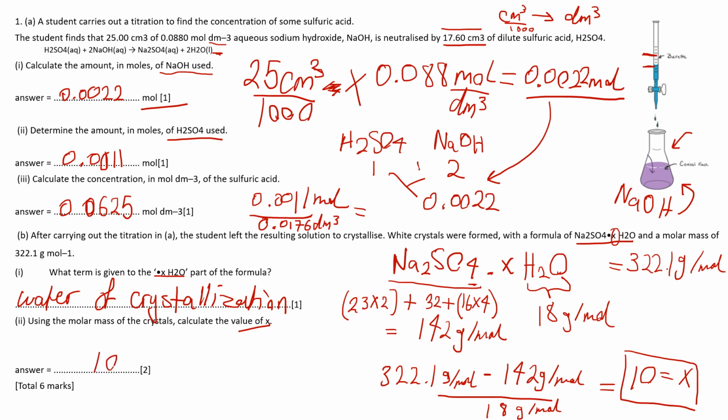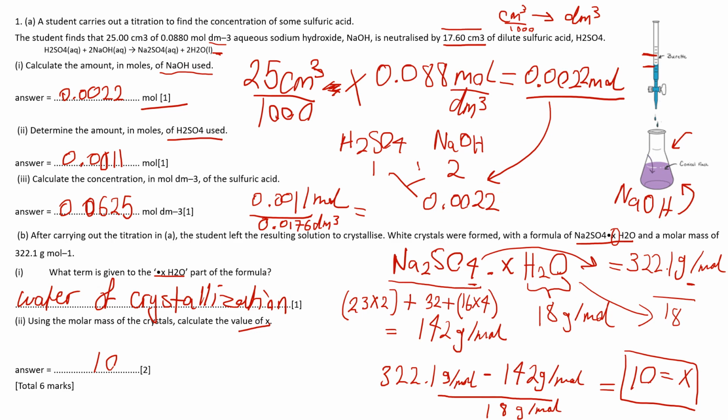Just to recap very quickly, we had the final number, and then we had this salt's molar mass. We subtracted this, so think about it like a math equation. We move this to the other end and it becomes minus, and then that number here would be divided by the 18 grams per mole.